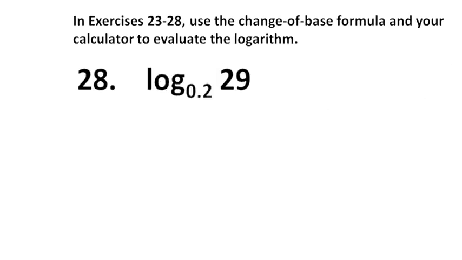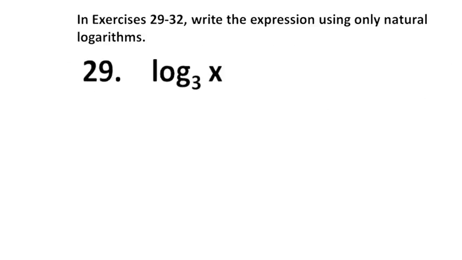Next set of problems. In exercises 29 through 32, write the expression using only natural logarithms. Again, this is a change of base formula application. In this case, we're not asked to use our calculator, just rewrite the expression. We're going to use natural logarithms, ln, or log base e.